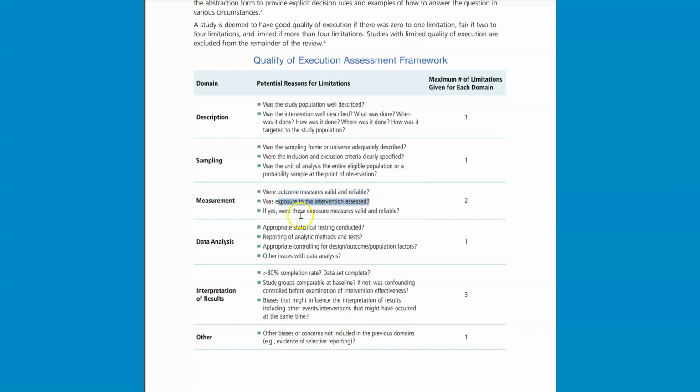And if yes, were these exposure measures valid and reliable? And then you have data analysis. Was the appropriate statistical test used? Reporting of analytic methods, appropriate controlling, interpretation of results, again, an 80% completion rate. All of these are very crucial and important to follow.